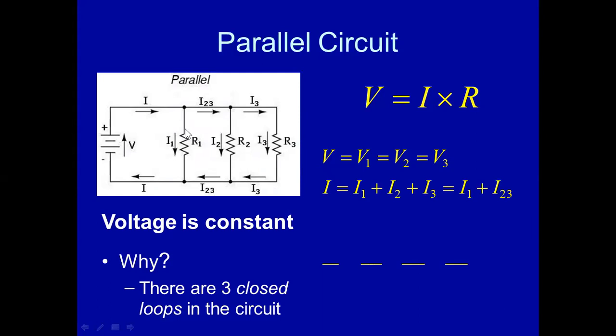Okay. But the current would be now equal to the summation of individual currents. To solve now your resistances, you're going to get the reciprocal for the total resistance. For the total resistance now, 1 all over R would be equal to 1 all over R1 plus 1 all over R2 plus 1 all over R3.